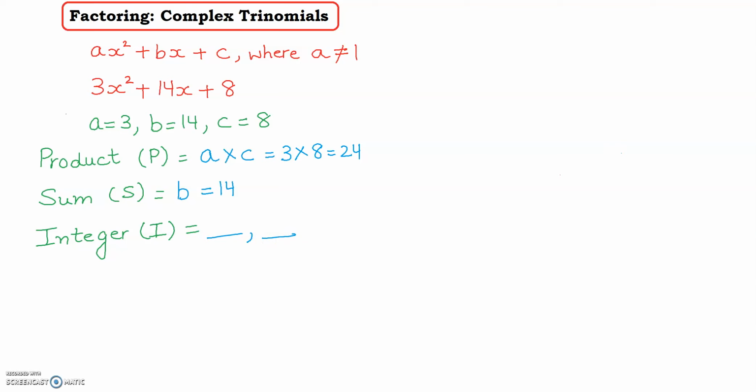So in order to find the integer or integers, I need to find the factors of 24. Let's just look at the factors of 24. I can say 1 times 24 is 24, 2 times 12 is 24, 3 times 8 is 24, and 4 times 6 is 24.